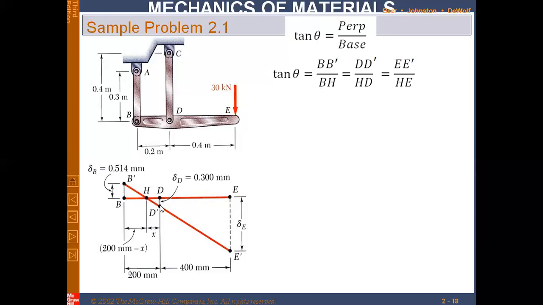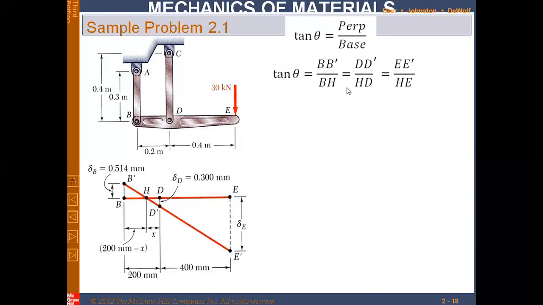Now look at this small right angle triangle, D D dash H. This angle is theta. So the perpendicular is D D dash, and the base is HD. So D D dash by HD is equal to, now look at this bigger right angle triangle H E E dash. Here this angle is theta, so the perpendicular is E E dash, and the base is HE.